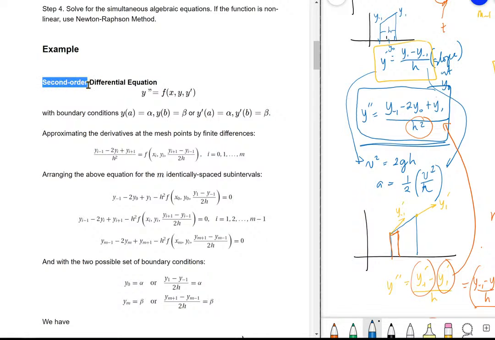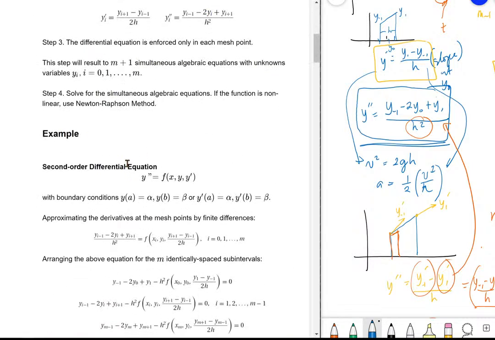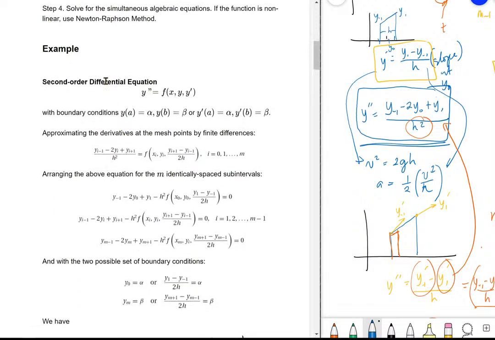If you have a complicated circuit system model, you will have more order. The simplest system that we can solve for now is the second order differential equation.